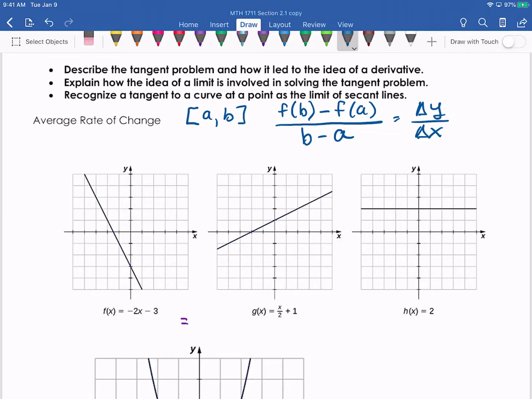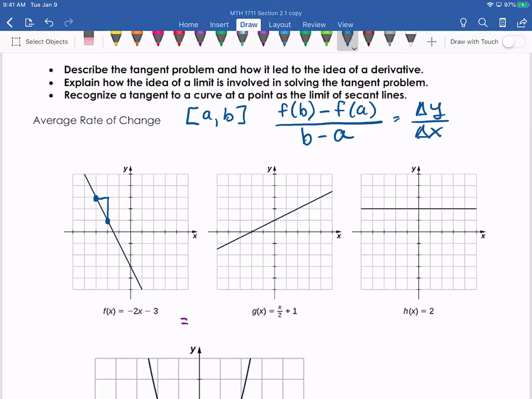Now, when we look at the average rate of change of a line, which we have 3 examples below, the slope of a line between any 2 points is going to be the same. Whether I pick these 2 points here on the first graph, that's going to have a slope of -2 because I go down 2 and over 1.